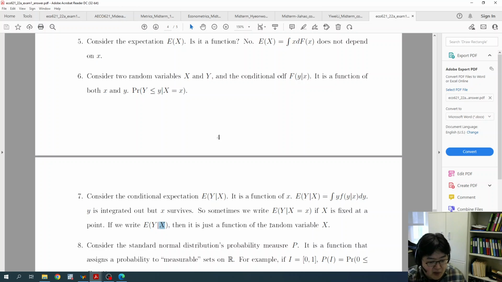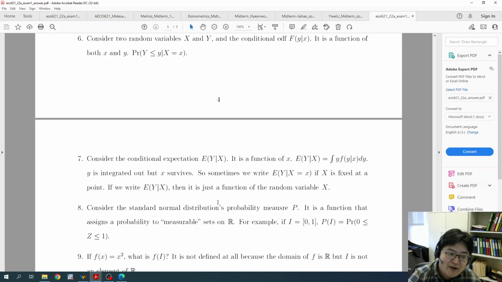The function of a random variable is still random because the random variable is random. Then the conditional expectation of y given x is random because x is random. It's because of x, not because of y. Y is integrated out. Randomness in y is integrated out, does not exist anymore, but randomness in x still remains in here. So this is random. You have to understand that.